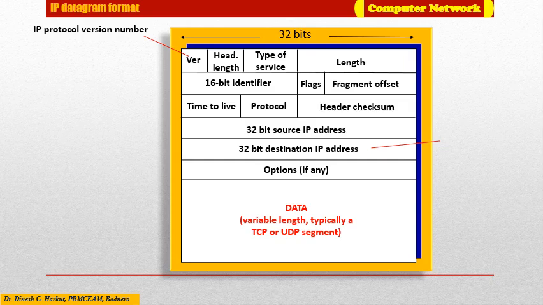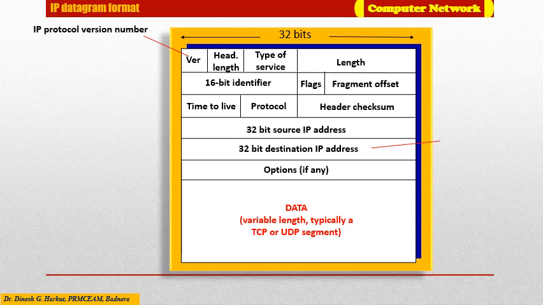first, the version number, the IP protocol version number. This 4-bit field specifies the IP protocol version of the datagram. By looking at the version number, the router can determine how to interpret the remainder of the IP datagram.